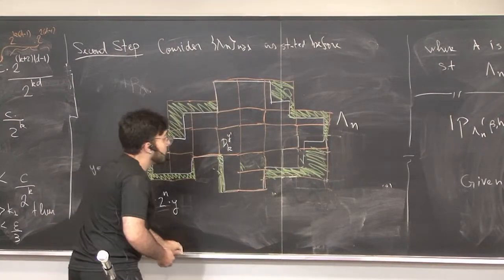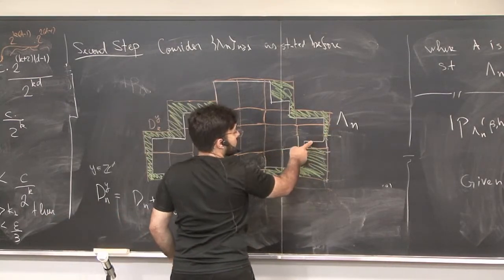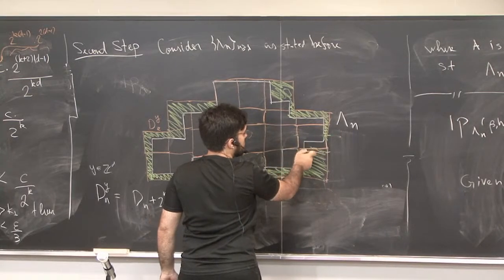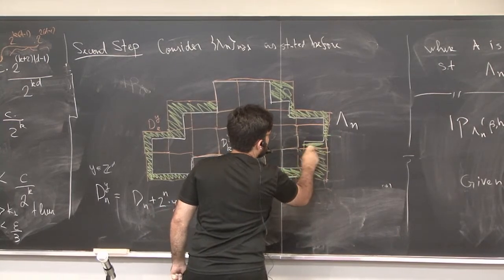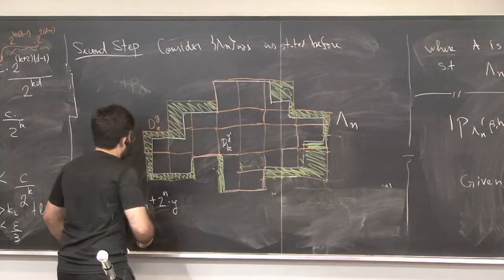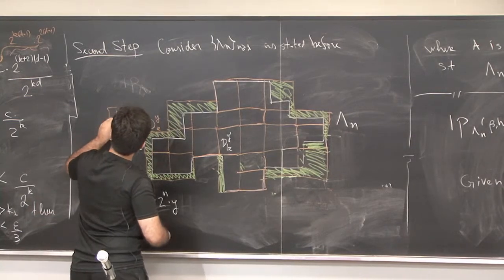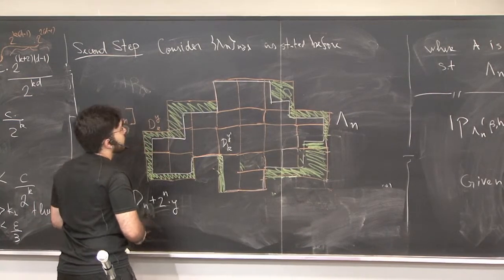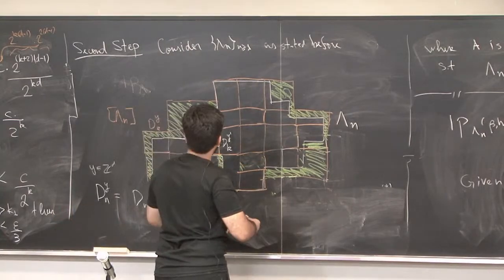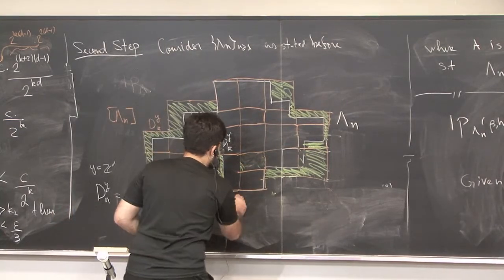So if lambda n is the white set, and the orange set is the cover, then the remaining part, delta n, is the green one.